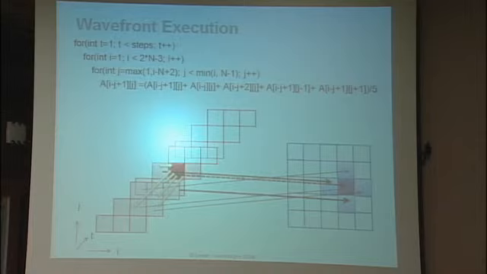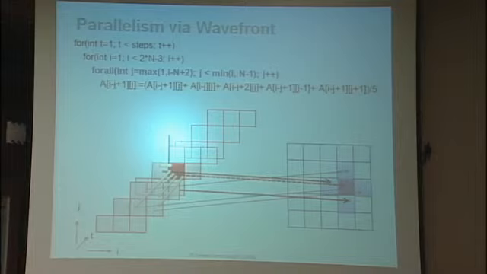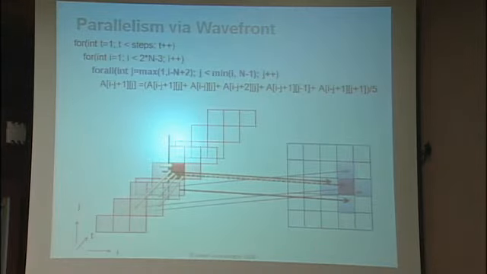So now the interesting thing is when I skew, if I look at this line, I can parallelize in this one because all the dependencies come from the previous iteration. Am I right?